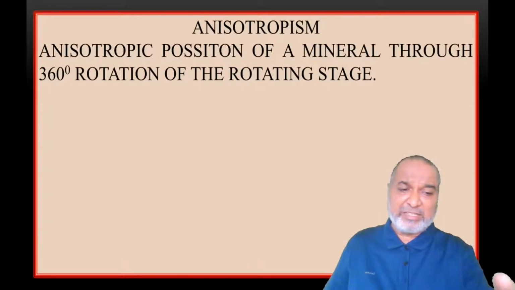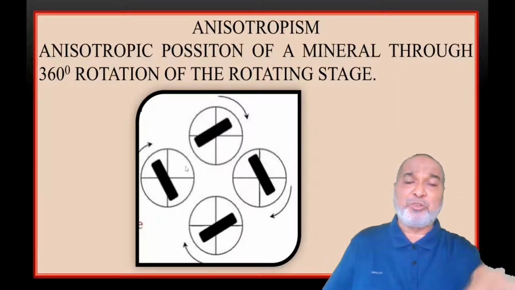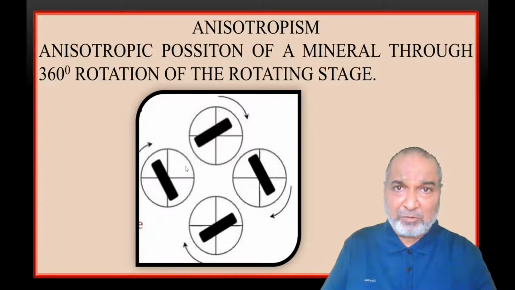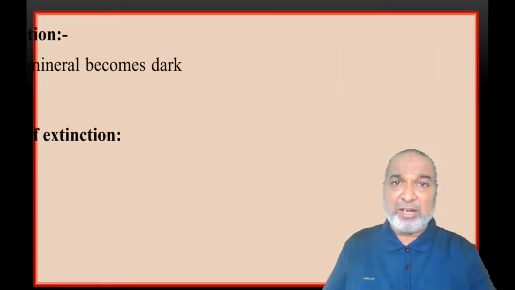Throughout the 360 degrees, the mineral keeps showing changes in color. You can see these are the four positions in which the mineral becomes dark, and in the rest of the positions the mineral shows color. So the mineral is anisotropic, and this is anisotropism.